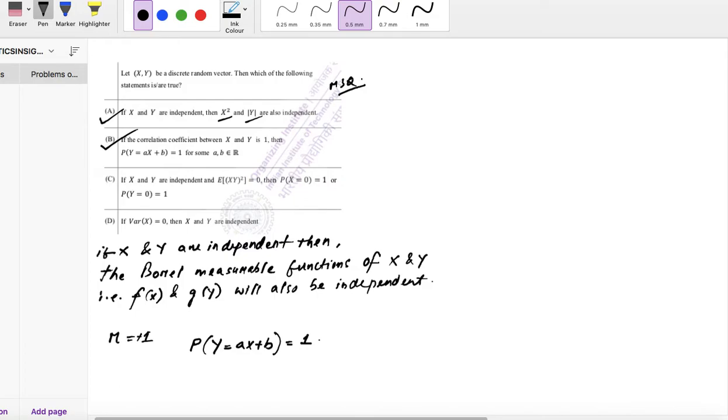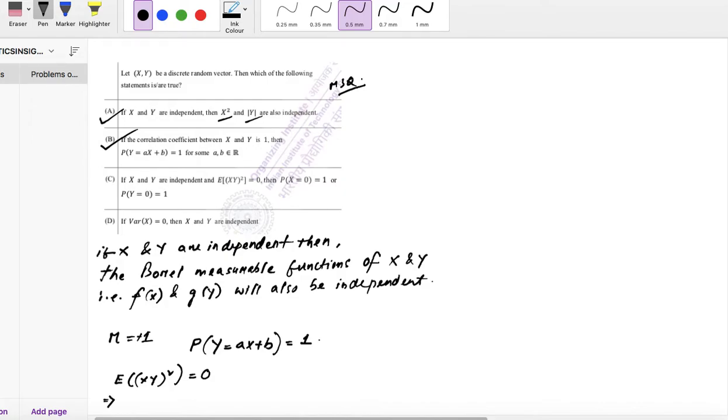For option C, we are given that x and y are independent and expectation of (xy) whole square is equal to 0, then probability of x equal to 0 is 1, or probability that y will take 0 is 1. We will check this one. We were given that the expectation of (xy) square is equal to 0.